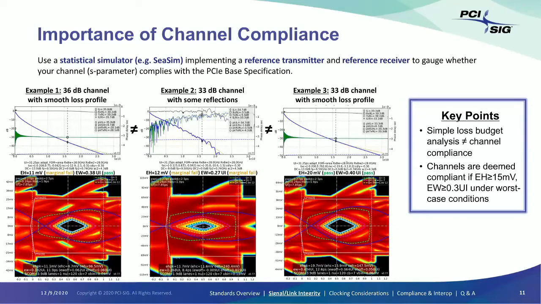So this highlights the importance of running CSIM and not just simply looking at the loss at the Nyquist frequency. And then to round that out, we have another 33 dB channel on the right, which has smooth loss characteristics, and that has a very wide open I, meeting both the height and the width requirement. So not every 33 dB channel is created equal.